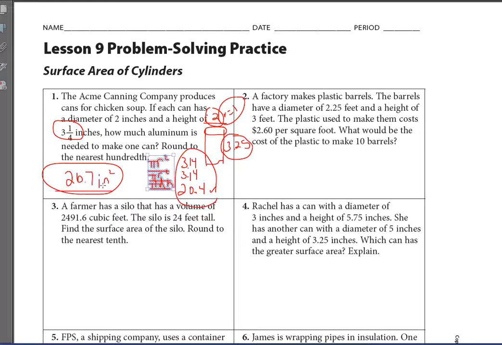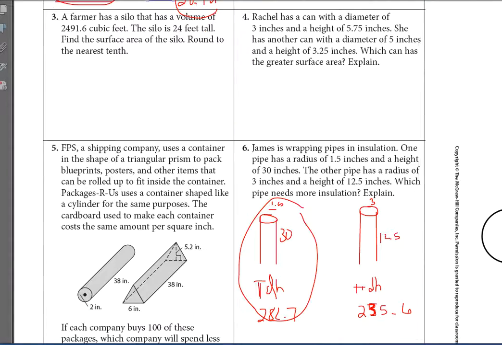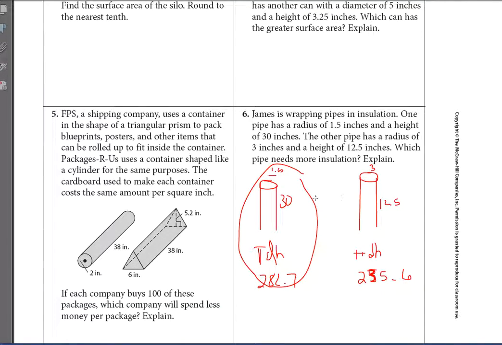Again, don't just write down the answer, but show the work that I have shown on the video. For number 6, we have 2 different pipes, and I have a really rough sketch here of the first pipe, a radius of 1.5 and a height of 30, and the second pipe has a radius of 3 and a height of 12.5. And I simply calculated the pi dh, that's actually called the lateral area right there of the middle section.